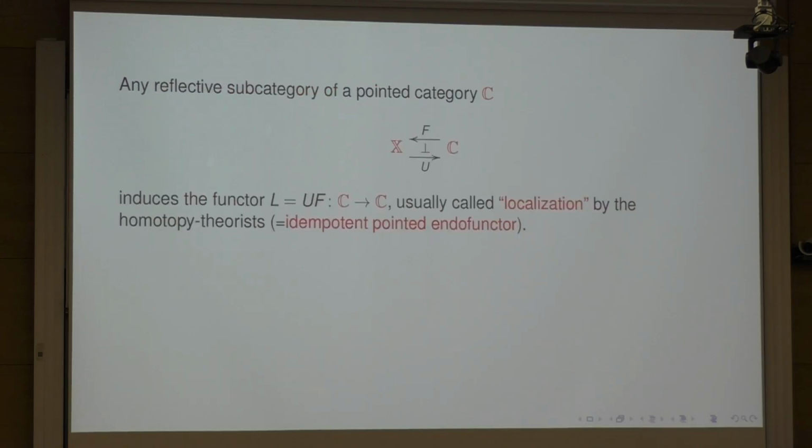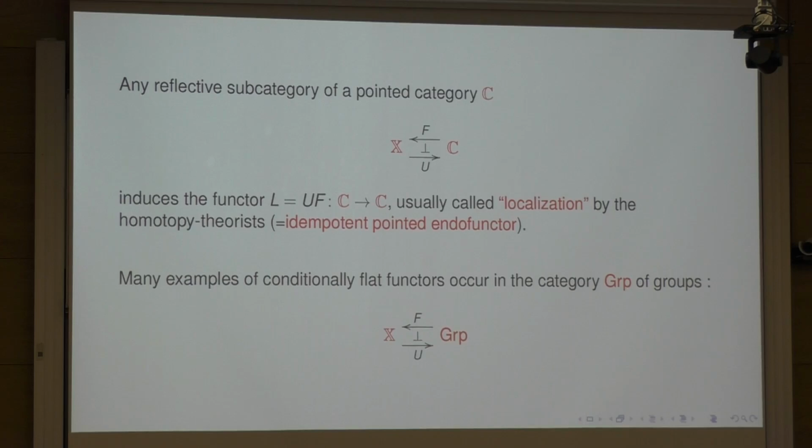Now, any reflective subcategory of a pointed category naturally gives a localization, using the terminology of homotopy theorists. Actually, it's an idempotent monad, but what they mean by localization is an idempotent pointed endofunctor.